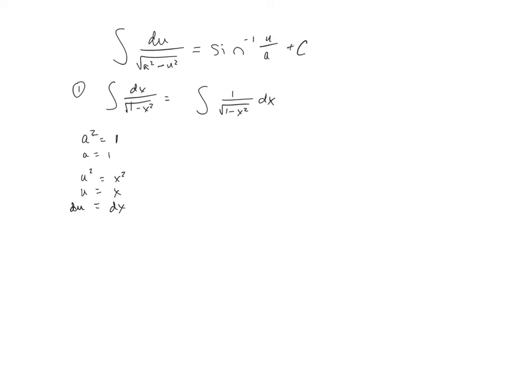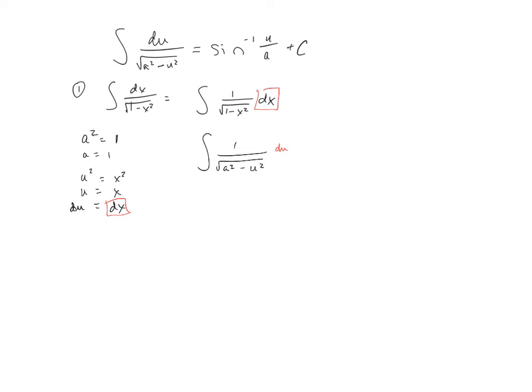So let's rewrite things in terms of our a's and our u's, because that's the rule that we were given. So I have 1 over the square root of a squared minus u squared, and this dx value is the only thing that's left over, and that dx is equivalent to du.